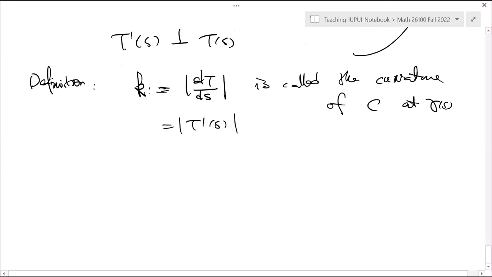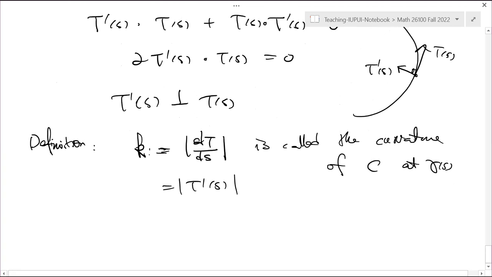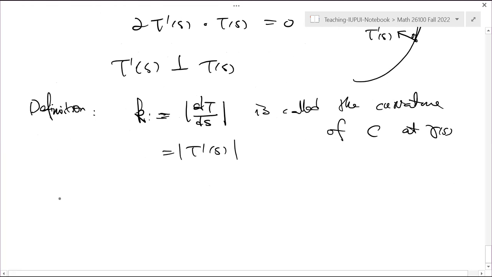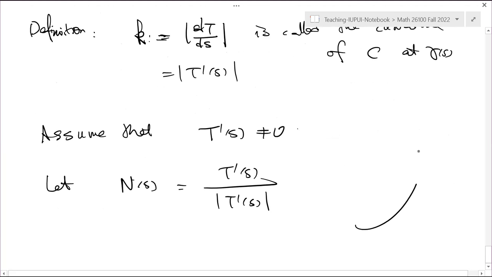Now you have curvature. So we have to make a further assumption. Assume that this curvature is not going to be 0. In that case, I can normalize it. I normalize T prime of s, and I get N of s.